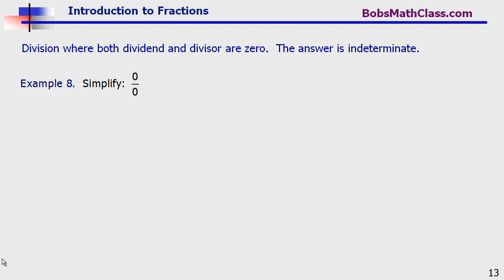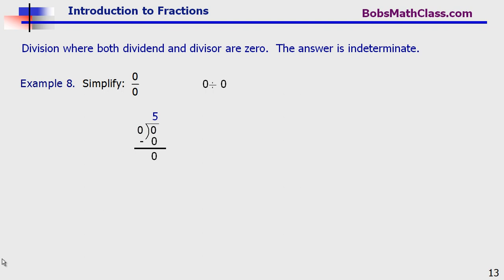Okay, let's try to think about that for a second. 0 divided by 0. Let's say you could put any number for the quotient. Let's choose 5. 0 times 5 is 0. Subtract. It works out. Actually, you could put any number there. You could put 12, 172.